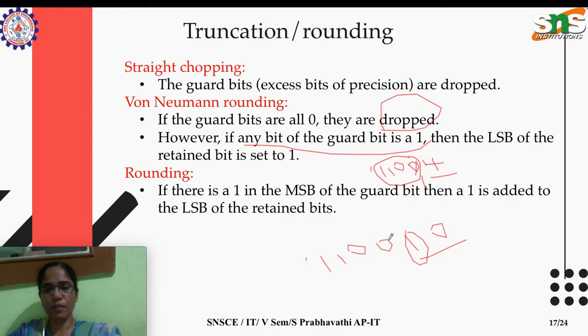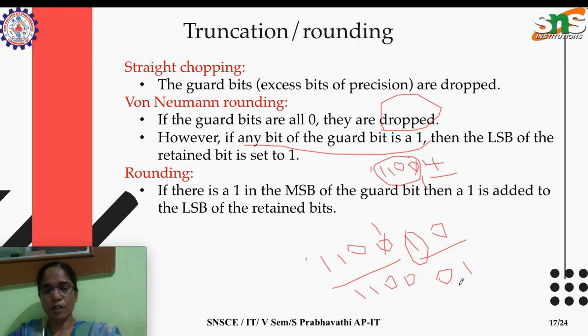What I need to store in the register is only these 4 bits, so here I will be rounding off to 1. The LSB of this will be 1. Suppose instead of 1 0 I have 0 1, here the MSB is 0, so I won't make any changes, and the value in the LSB stays 0 itself.